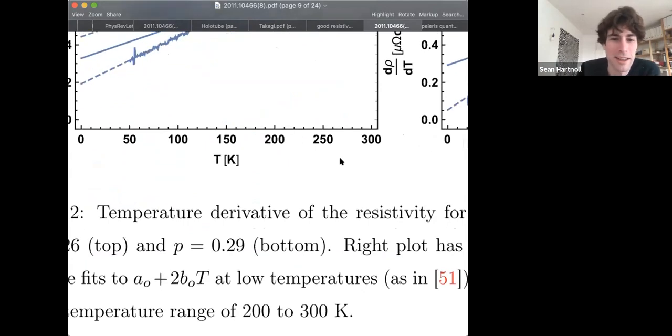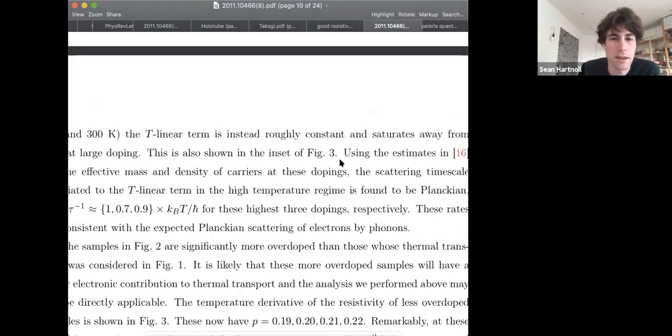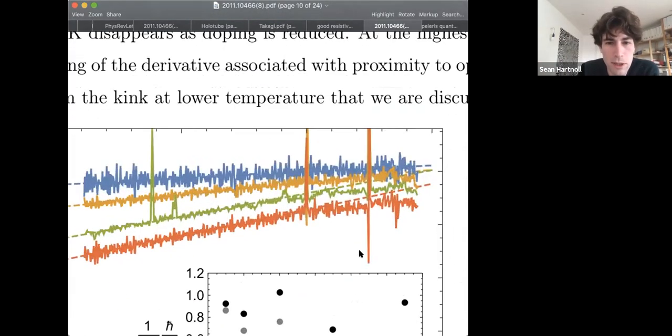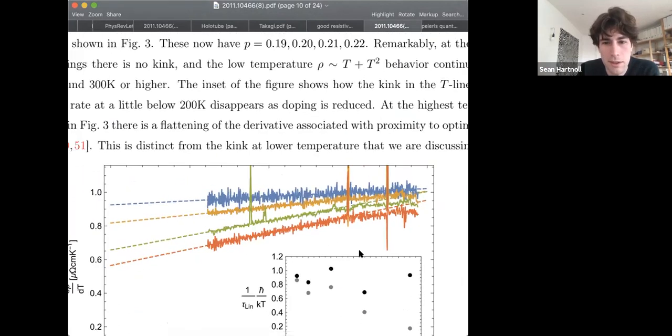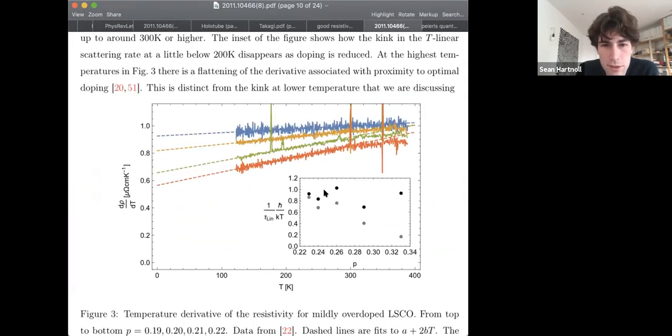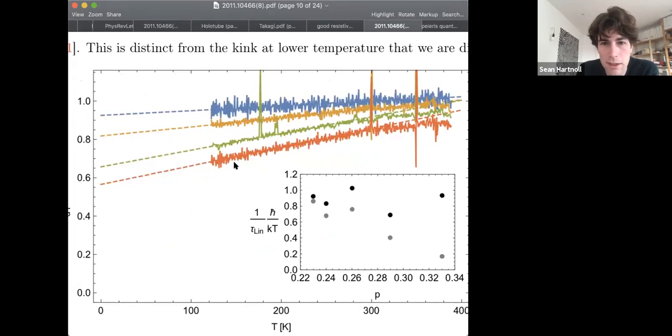That's what it is. And if you go to, so this is, again, I mean, I've seen worse straight lines than this one. And then this is the flattening. This is now getting close to the optimal doping. This is the flattening that Hussey talked about that we also saw in the Takagi data.